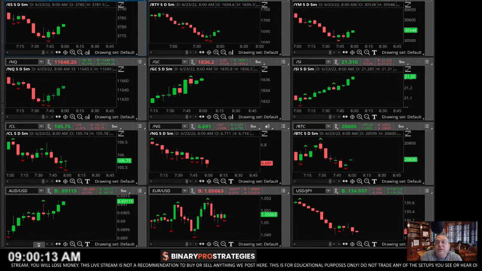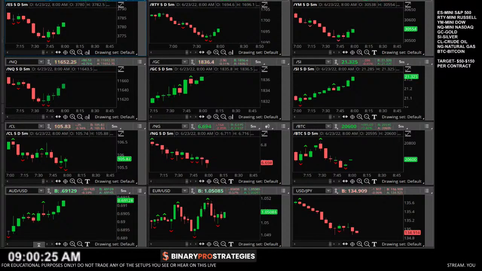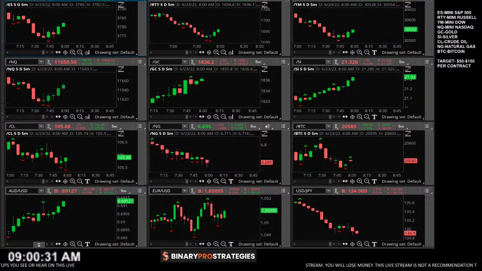I'm going to go through a few things here real quick before we get started. I'm going to put up a couple symbols here on the top right-hand corner so you're familiar with what I'm going to be trading this morning. Starting off with the ES, which is the S&P 500, we'll be looking at RTY, which is going to be our mini Russell, YM for the mini Dow, and also watching the NQ for the mini NASDAQ.